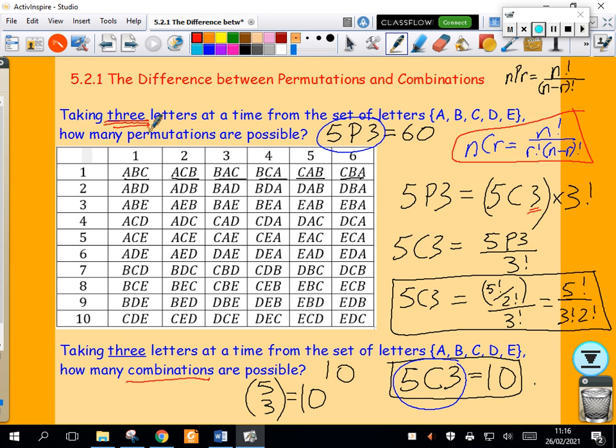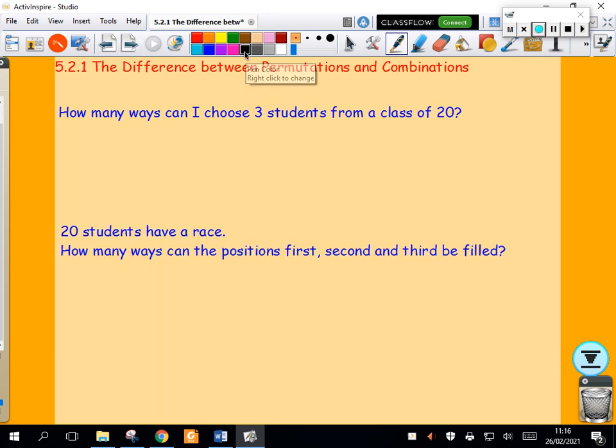Okay? So let me look at a couple of just really quick examples, types of questions that can come up. How many ways can I choose 3 students from a class of 20? Well, this is three students. The order is not important here. This is a combination. I'm looking for how many ways can I take 3 objects from 20 objects. That's just it. There's not arrangements. I'm not talking about permutations. I'm talking about 20 choose 3.